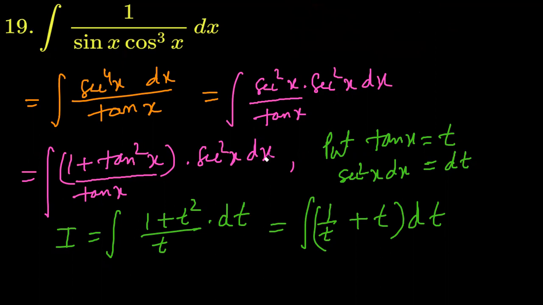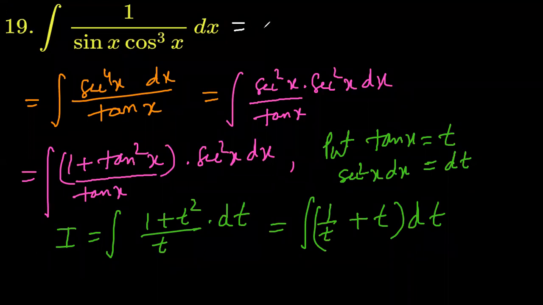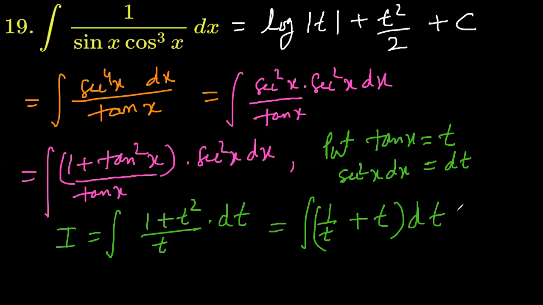Of course, yes. So we are going to write our answer in terms of x here. First we'll write the integral: the integral would be equal to log of t plus t square by 2 plus c. After this, we will have this step and we would like to retain the value of t.